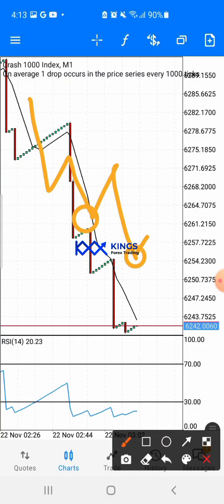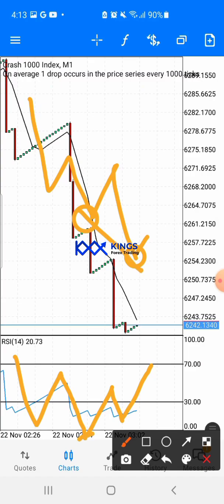Now the RSI might make that lower low, which is the first one, but the next low might be higher instead of being lower than this one. So here we have a divergence: this one is making a lower low and this one is making a higher low. Here and here you can see this is a higher low, while we have a lower low in the main chart.